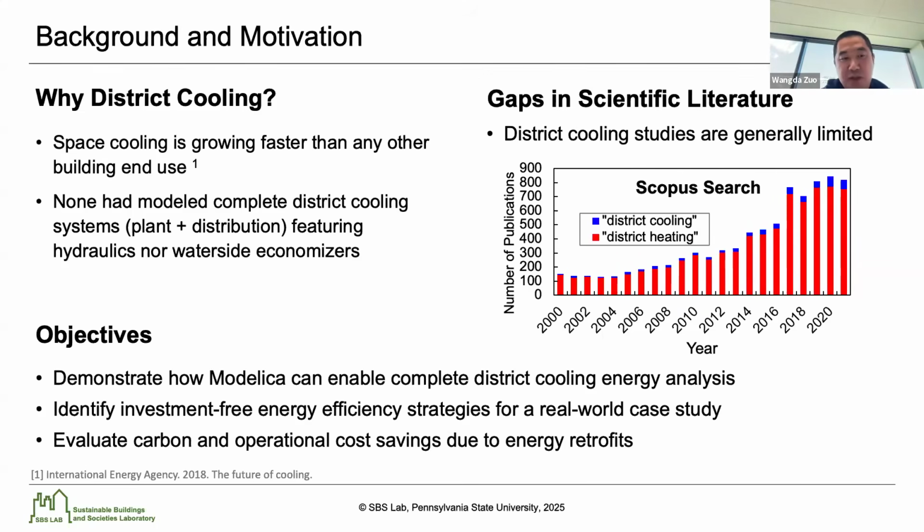So here we mean, can we optimize the control strategies? In that case, you only need to change the data points or update your control software instead of spending a huge amount of money on capital investment. And then we can evaluate the potential carbon or operation cost savings due to those energy retrofits.